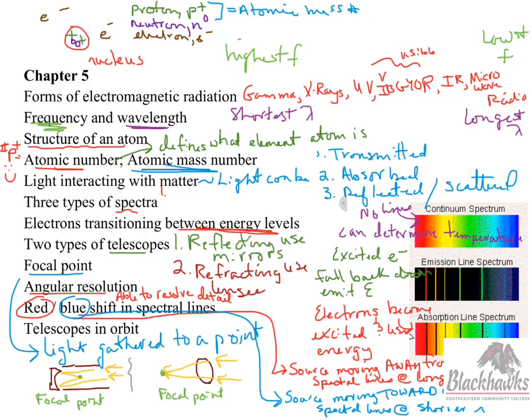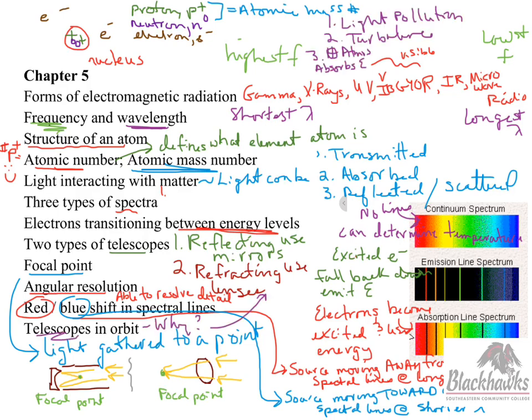With the redshift, the source is moving away from the observer, and if you're looking at spectral lines, they are going to be longer wavelengths. With the blue shift, the source is moving towards the observer, and the spectral lines are going to be shorter wavelengths.